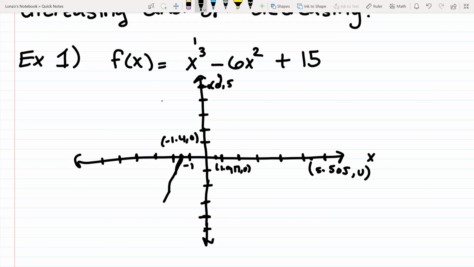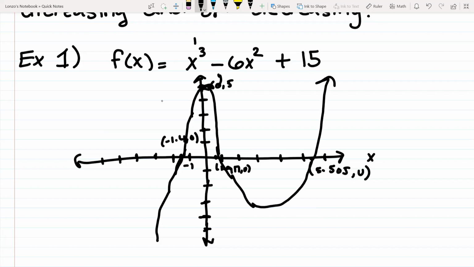So it would look something like this. If you want a better image, you could just put this in Desmos. So this is what it would roughly look like.